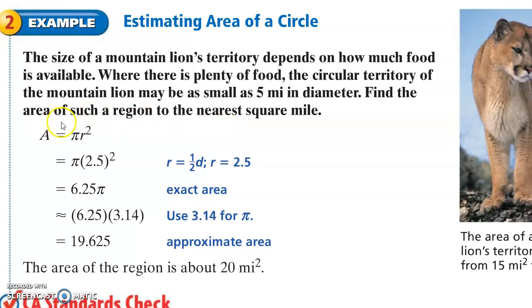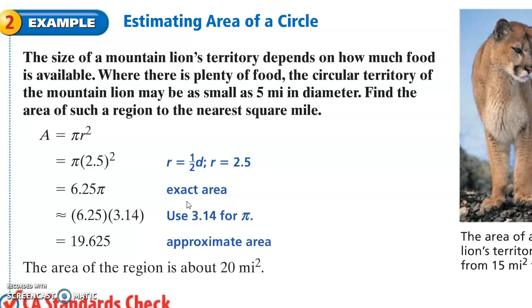So again, we're trying to find the area of a circle. So pi times r squared would be the area. In this case, they give us a diameter, so 5 divided by 2 is 2.5. 2.5 times 2.5 is 6.25, and we would have pi if we found our exact area.